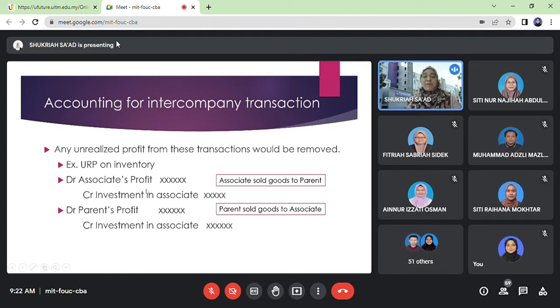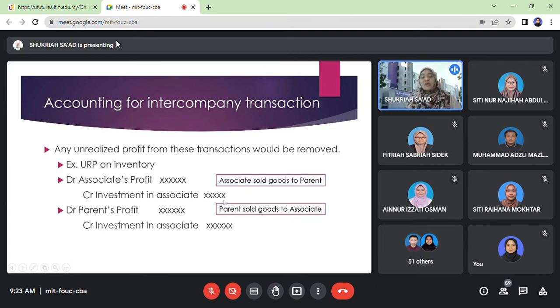If we compare these two, be careful when the parent sold goods to the associate, because the transaction will affect the retained profit of the holding company. If you are preparing the schedule, this item, unrealized profit with regards to the sales of goods to the associate, should appear in the schedule.